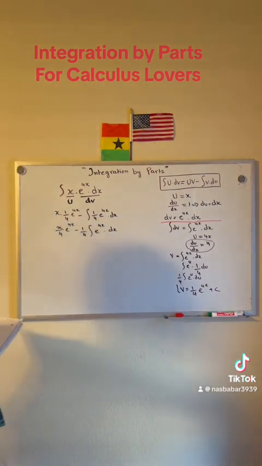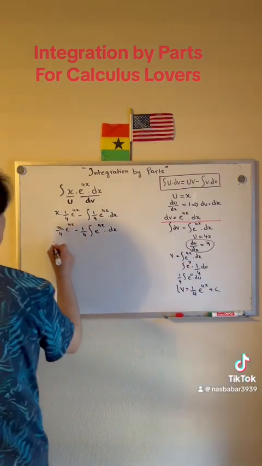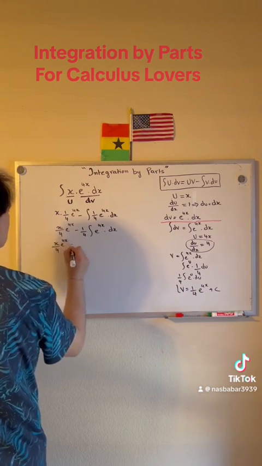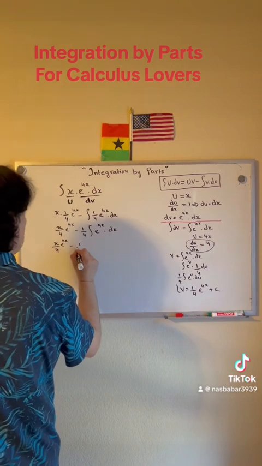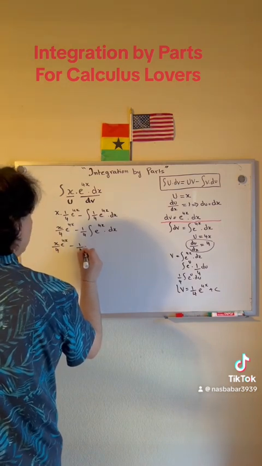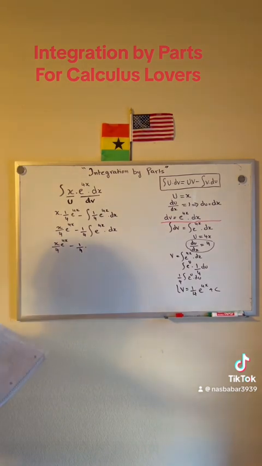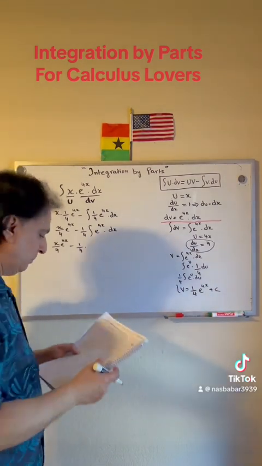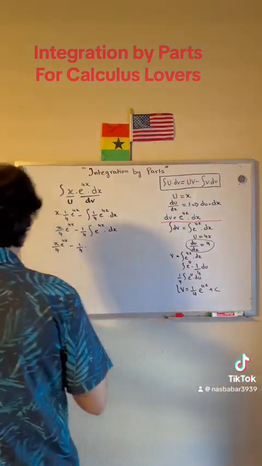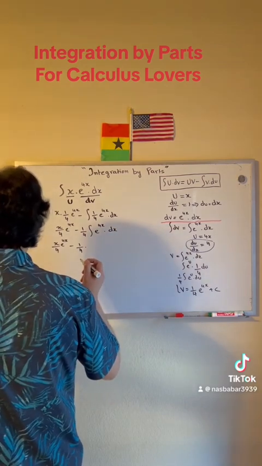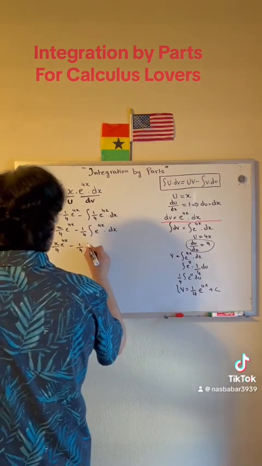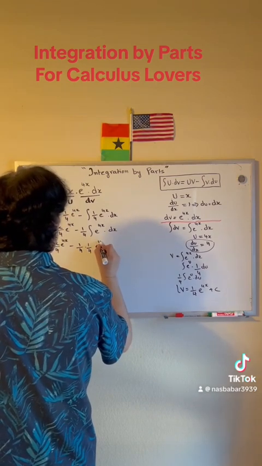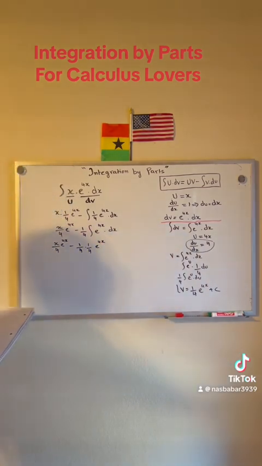Now we take the integral of this. Once we do that, we get x over 4 e to the 4x minus 1 over 4. And let me ask you this, what is the integral of e raised to power 4x? Same thing, it's an indestructible function. So then what I get is 1 over 4 times 1 over 4 e to the 4x, plus c.